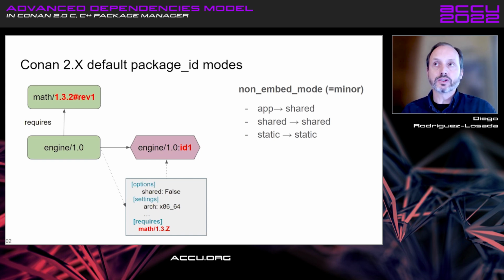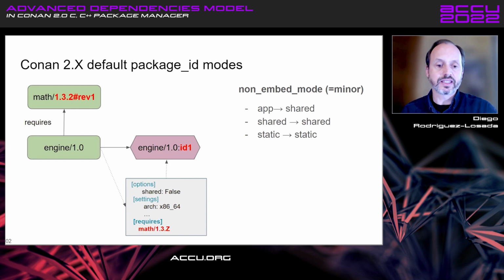First, there are two major modes. The first one is the non-embedding mode, which is the case that happens when an application depends on a shared library, or a shared library depends on another shared library, or a static library depends on another static library. The assembly code will not be embedded in the consumer assembly code. In this case, we are going to minor mode.